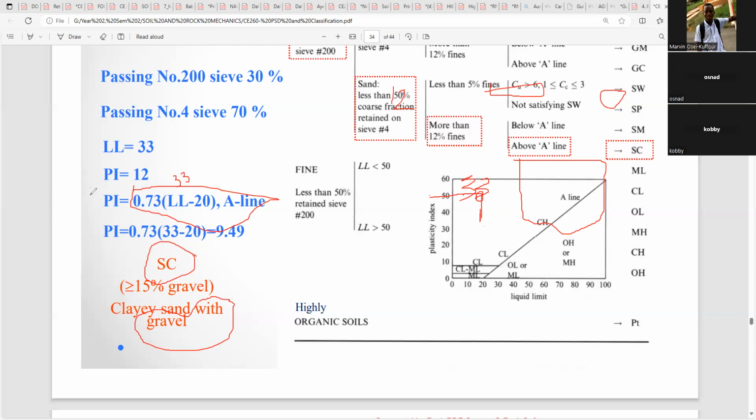And the PI remains, you put it here, 12. So you check whether this PI is greater than the whole of this part. If it is greater than that, then it means that it is above A line. If it is less than that, it means that it will fall below A line. Please, am I clear?